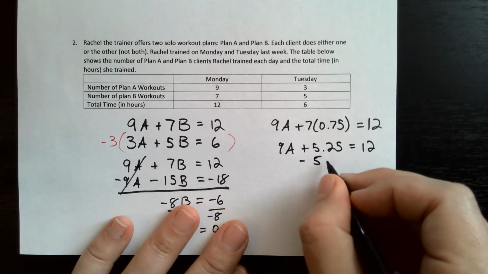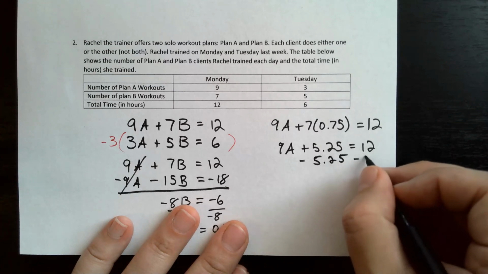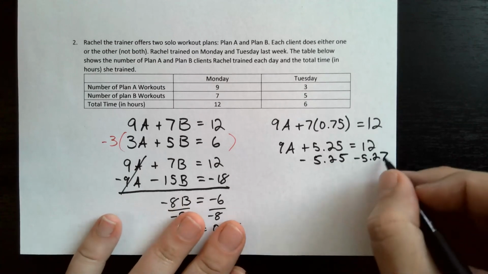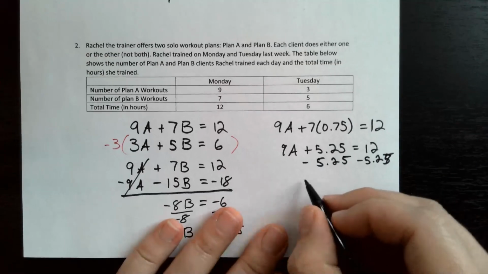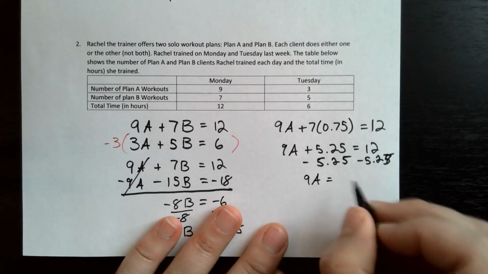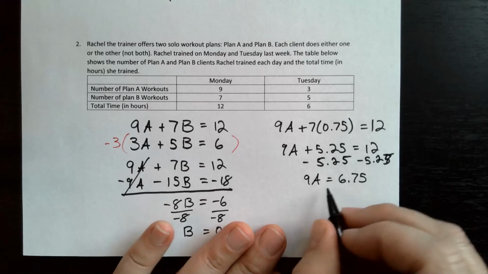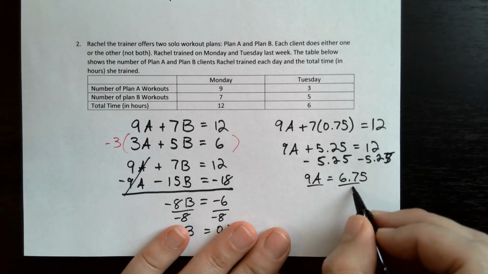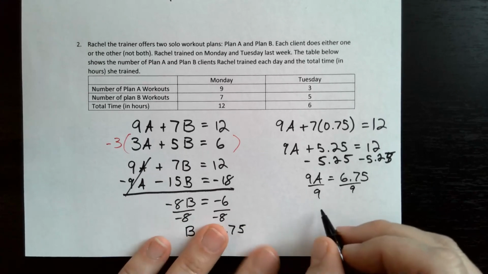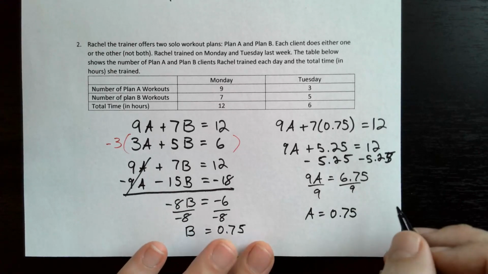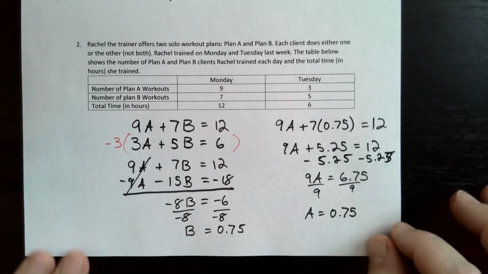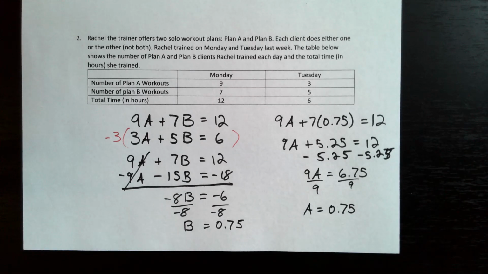When you subtract the 5.25 from both sides, you get 6.75. So 9A is equal to 6.75. If you divide both sides by 9, you'll get A is equal to 0.75 as well. So 0.75 of an hour for both workouts. So both workouts are 45 minutes if they wanted you to put it in terms of minutes.